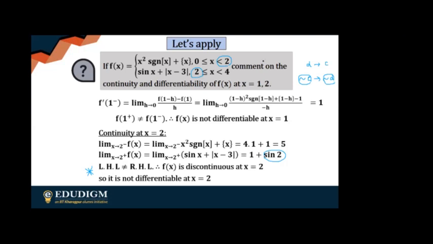So checking continuity is enough. If it's not continuous, obviously there's no point checking its differentiability, because it won't be differentiable. Is this okay with all of you? If you have any problems, feel free to let me know. But at the end of the day, there's a lot of importance on calculating the limits, so make sure you do these things properly. If you have any trouble regarding that, revise and practice more so that you can become better.